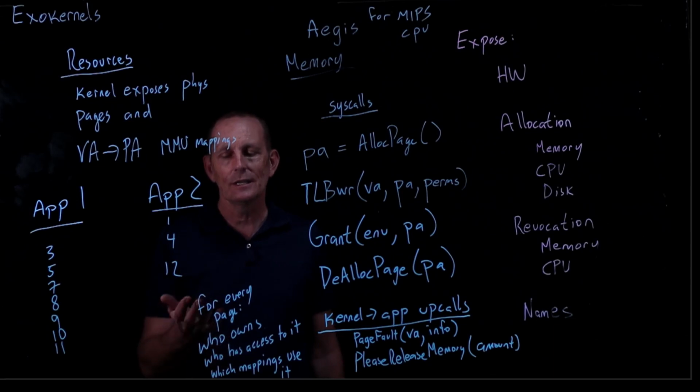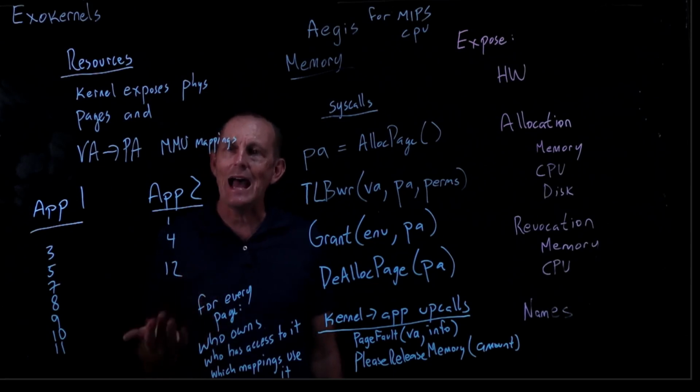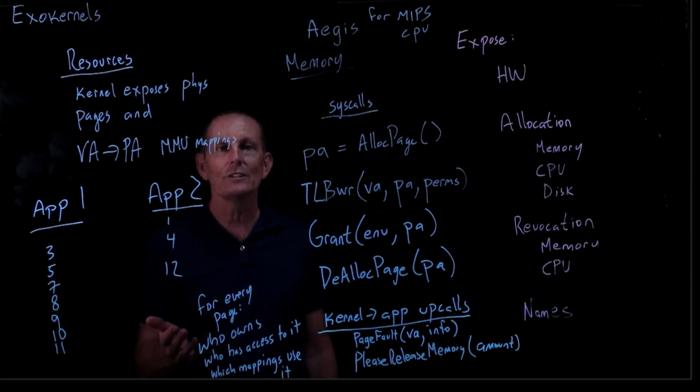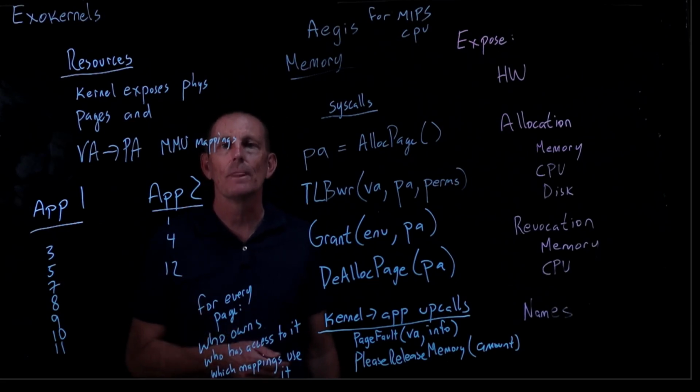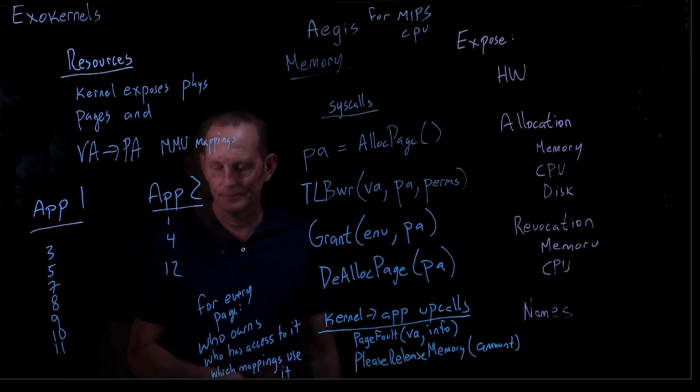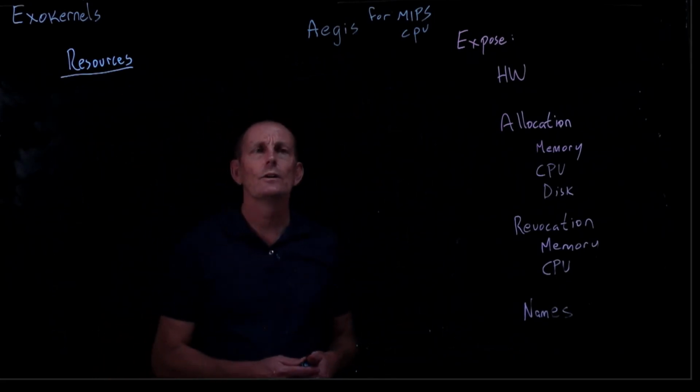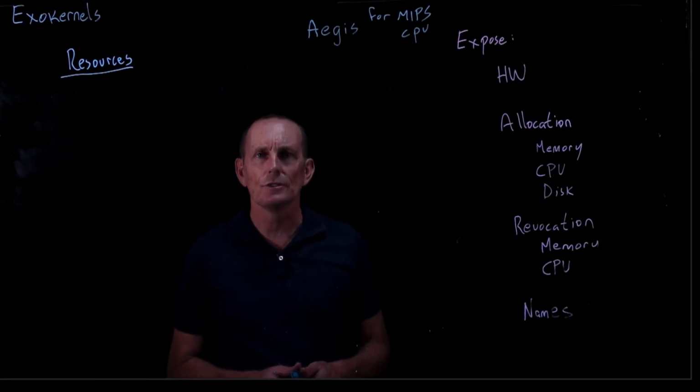It's hard to see how a kernel could do less than this in terms of protection. It has to know, it seems, for every page who owns it in order to protect from other applications accessing the pages. Let's look at some ways applications can use this user memory.